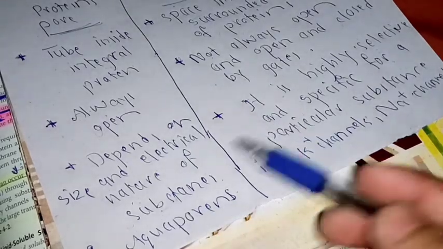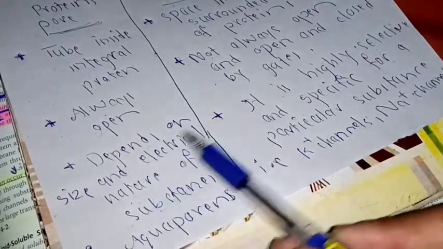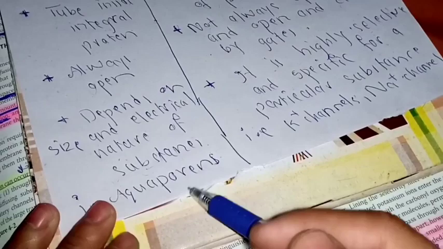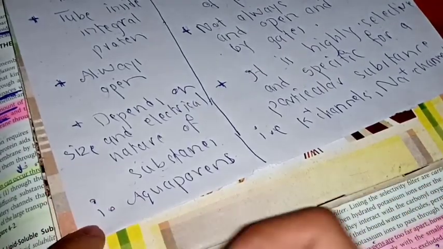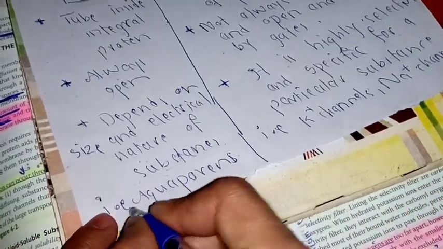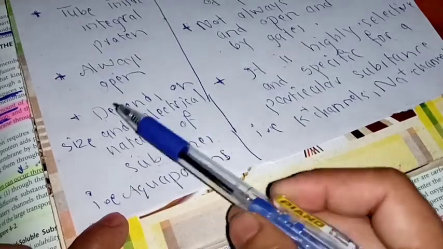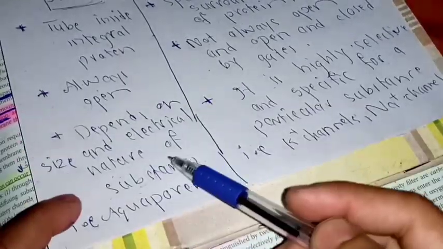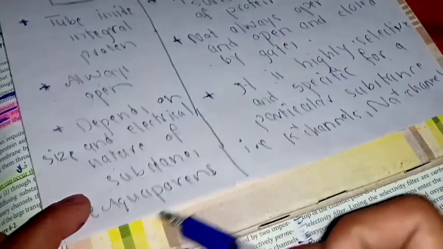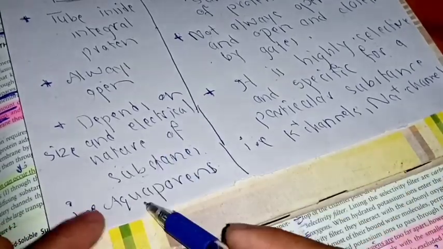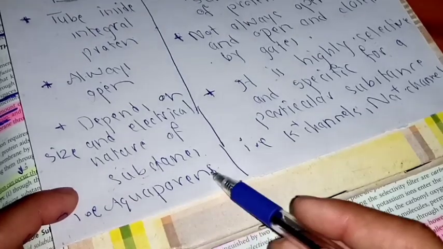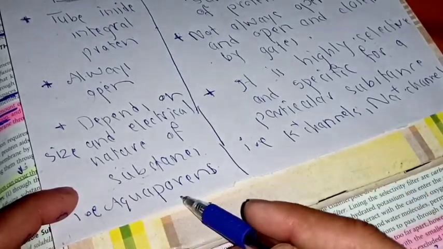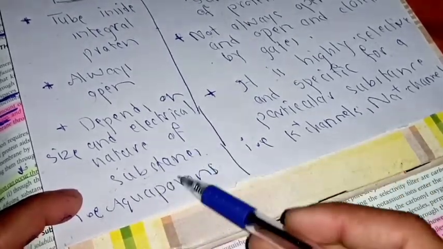If someone is confused about the last point, for example, that pores depend on the size and electrical nature of substances: these pores are also specific, but the substances which are water soluble and have an electrical nature matching water can pass through these pores.